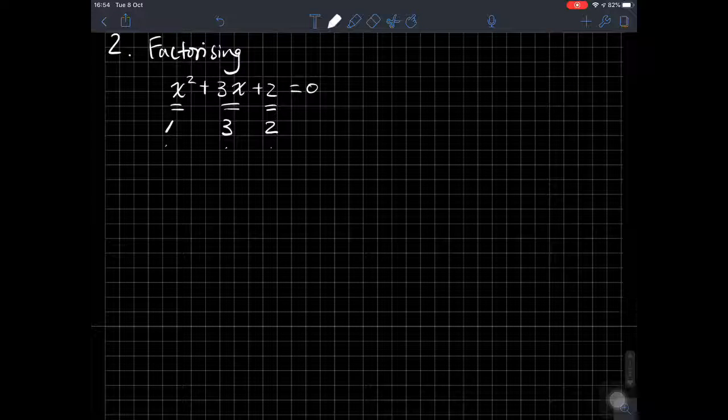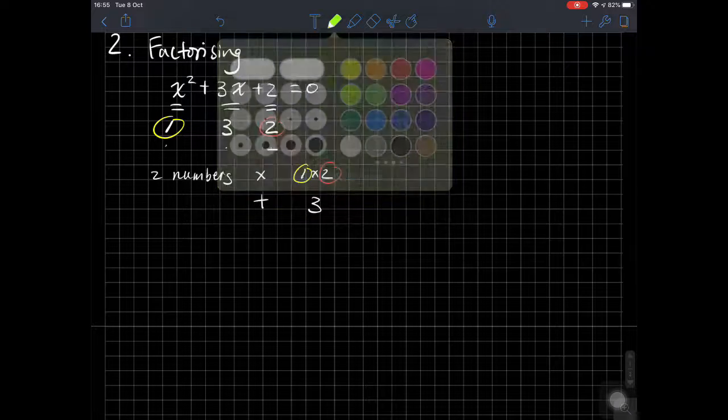This number 1 has an x squared multiplied to it, and this 3 has an x, and this 2 has nothing multiplied to it. Now we need to find 2 numbers which multiplied together gives 1 times 2, and added together gives 3. Now we can see that the 1 is this one, and then the 2 comes from here, and the 3 comes from here.